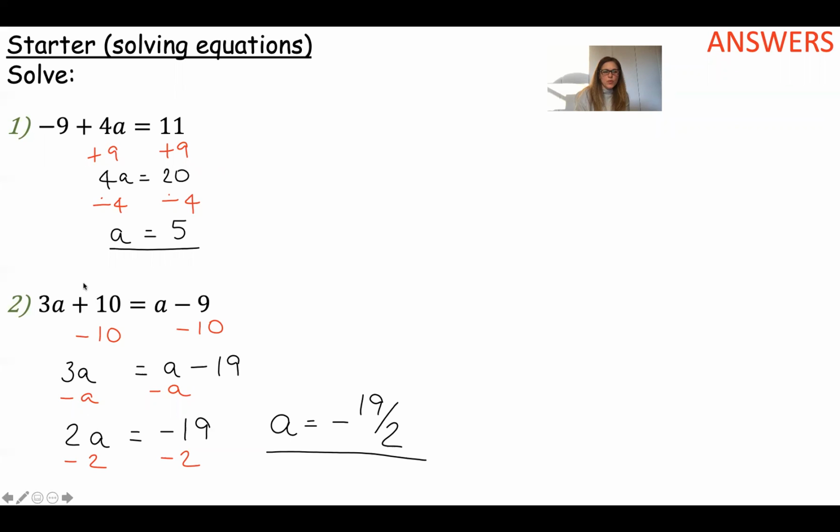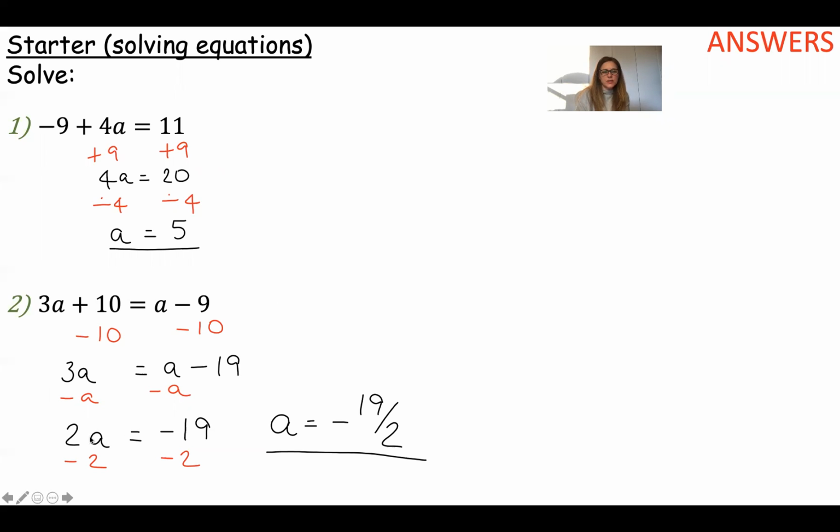Question 2, same thing. But this time we've got the a over here on the left-hand side as 3a, but also over here. Now, it doesn't matter which order you do it in. You can look at the 10 first, or you can look at the a first. In this case, I've subtracted 10 from both sides first to isolate this 3a on its own here on the left-hand side. Now equals a subtract 19. Now I need to subtract a from both sides.